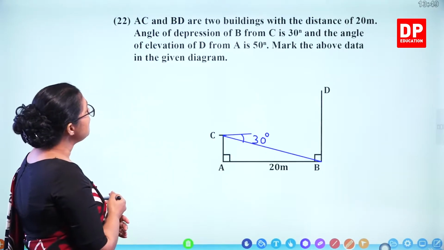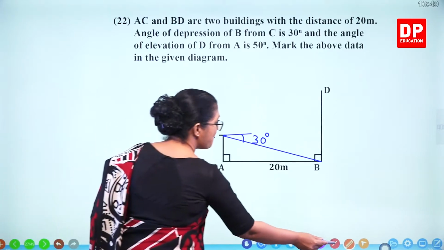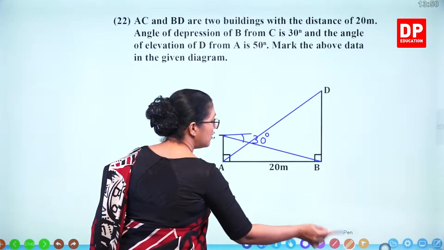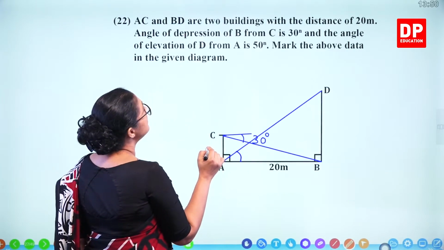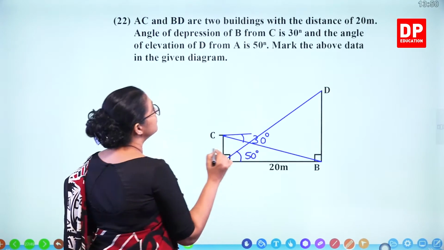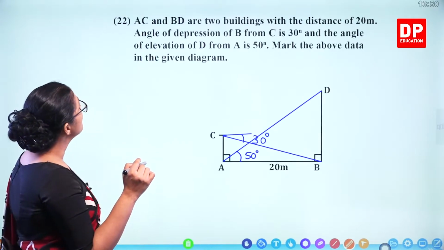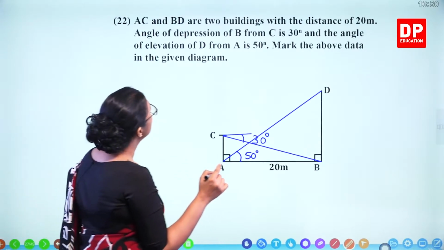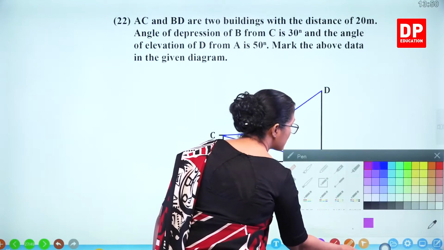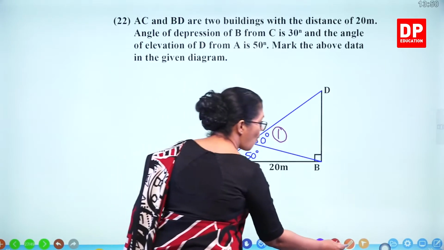And the angle of elevation of D from A, here to here, this angle is 50 degrees. Mark the above data in the given diagram. So 30 and 50, you have to mark. 20 meters is given. So only 2 marks. Marking this angle and this angle, 1 each.